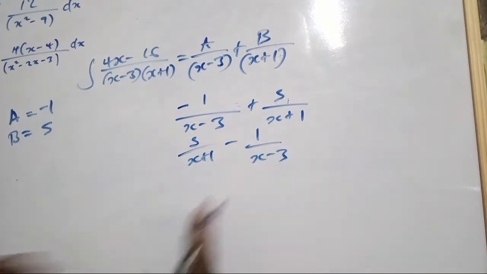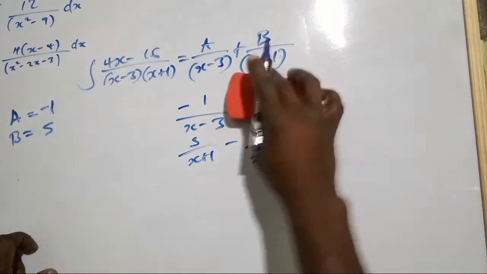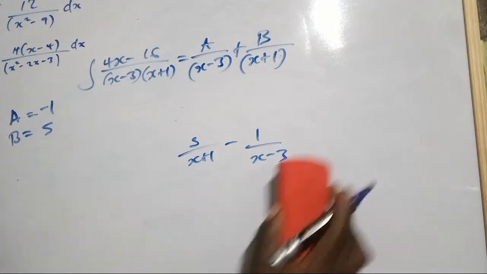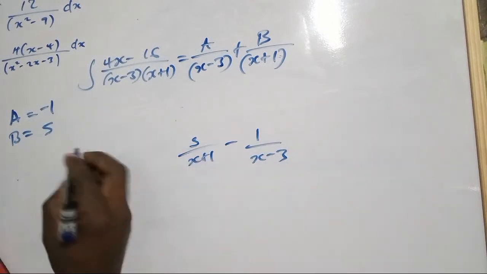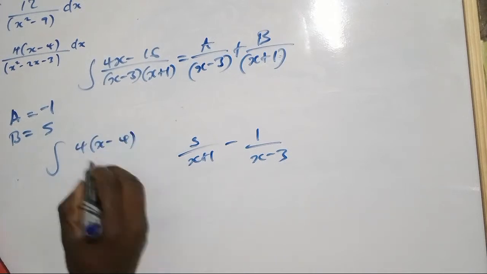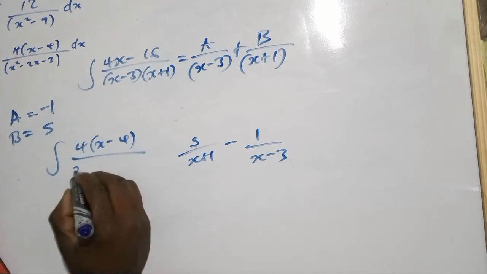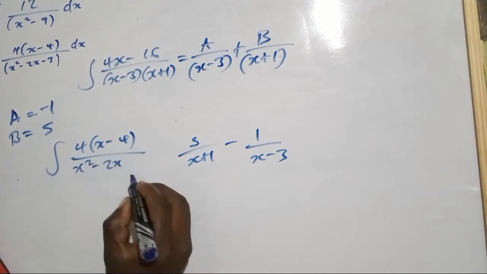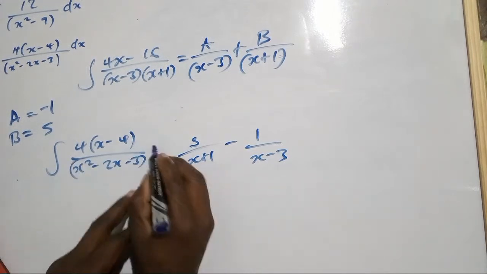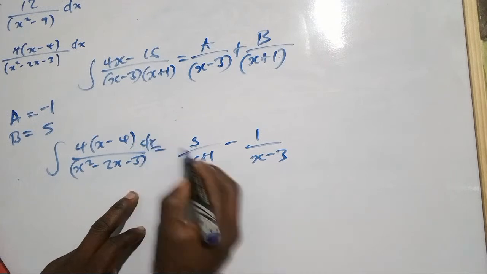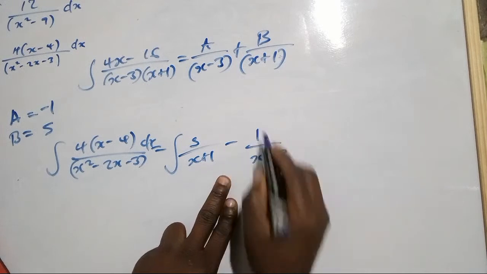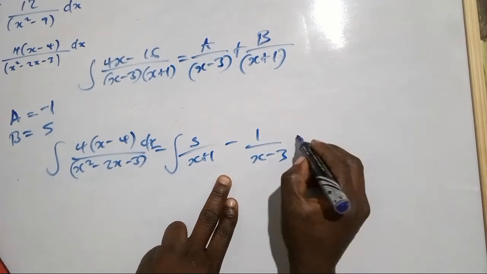Now since we have found this, the integral of 4 open bracket x minus 4 over x squared minus 2x minus 3, the bracket, dx, equals the integral of 5 over x plus 1 minus 1 over x minus 3 dx.